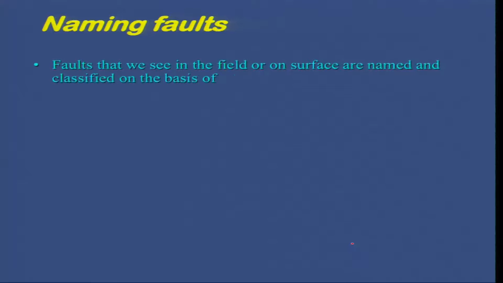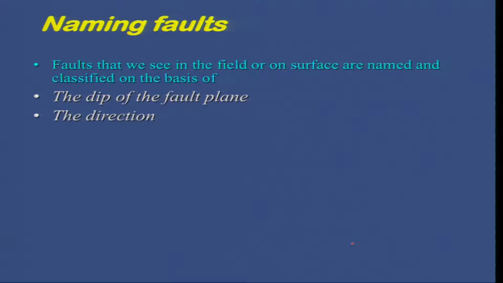So, for naming a fault, usually we take into consideration how it has slipped. On the basis of, first, the depth of the fault and the angle of the fault plane mainly. Then we say in which direction it moved, whether it moved laterally, moved up or moved down, then the sense of offset, whether it is right lateral or left lateral.